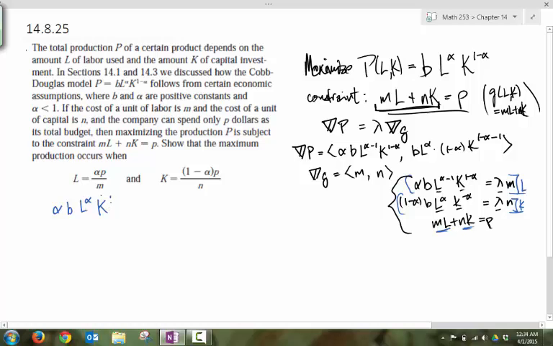And then K to the 1 minus alpha didn't change, and this is equal to lambda ML, and then we will take our lambda and divide that out, bring it to the other side, if we want to think about it that way. And we'll do that right now. So ML, after you divide out by lambda, is going to equal this stuff.